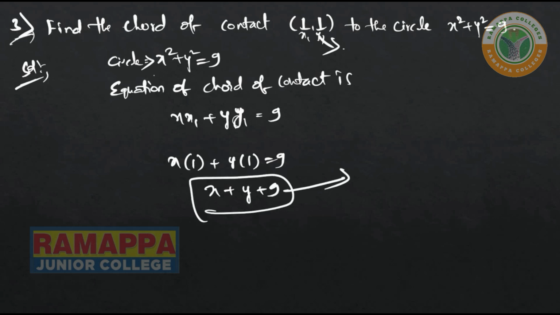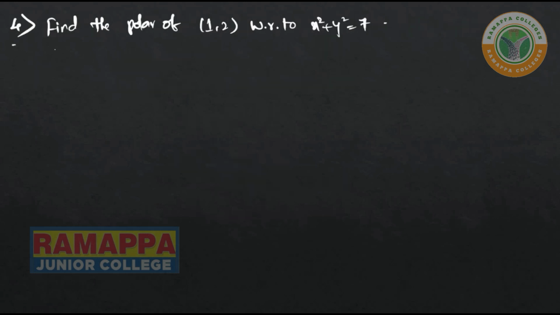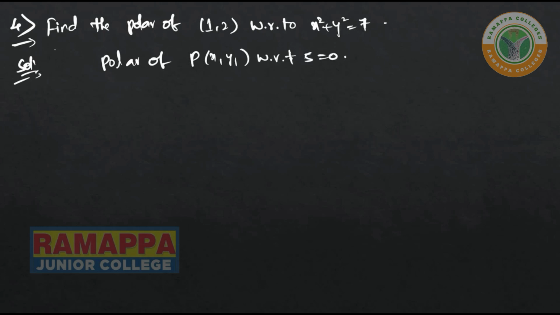Now move to the fourth question here. Fourth one: find the polar of (1, 2) with respect to x square plus y square is equal to 7. He is asking us to find. So solution here, the polar of P(x1, y1) with respect to S is equal to 0 will become x x1 plus y y1 is equal to a square.